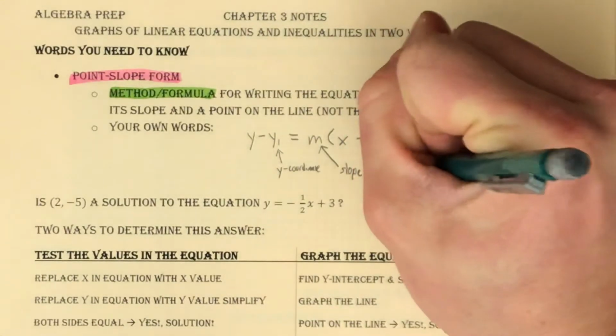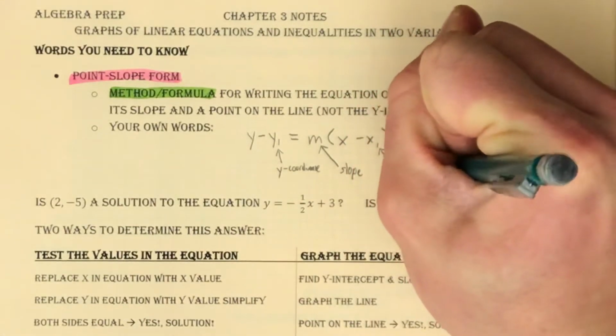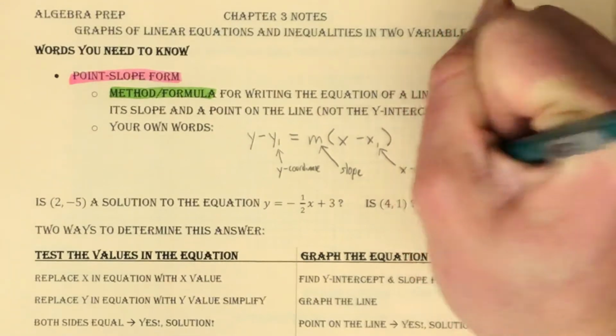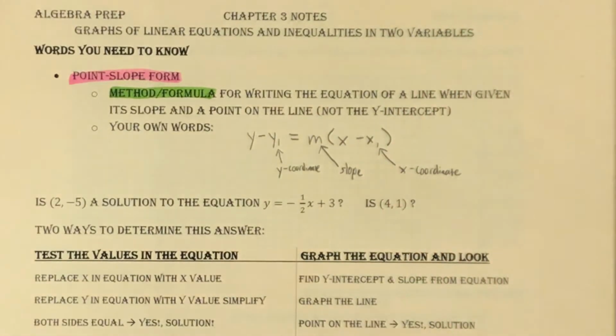That is the x coordinate of the ordered pair. So those are the three spots that we're going to be inputting information into: the y coordinate, the slope, and the x coordinate. And once we have numbers in those places, we simplify it down to get it into y equals mx plus b form, slope-intercept form.